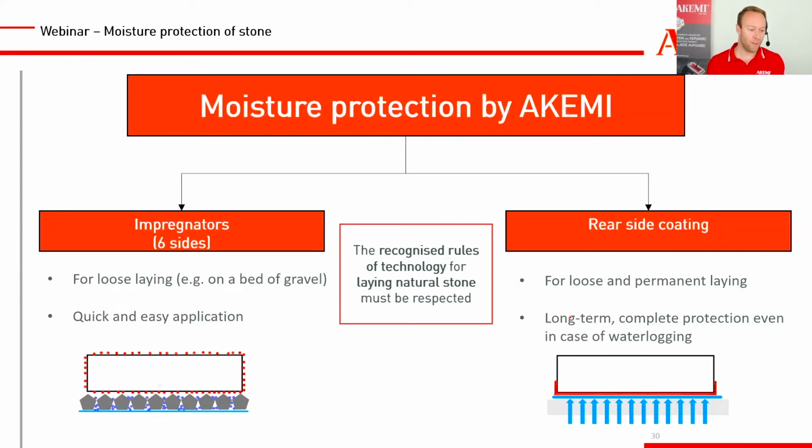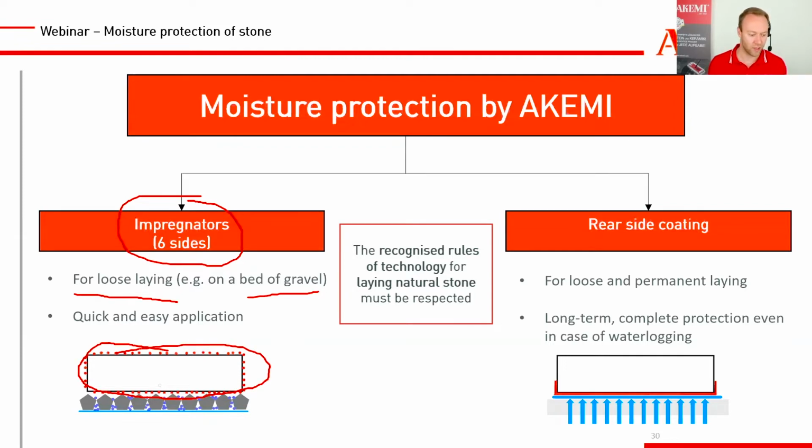When you have a loose laying installation on a bed of gravel, of small stone particles, you can use impregnators, special floor impregnators, or 6-side protection impregnators. You apply them on 6 sides around the stone, as you can see here by the dots. And usually they are quick and easy to apply.